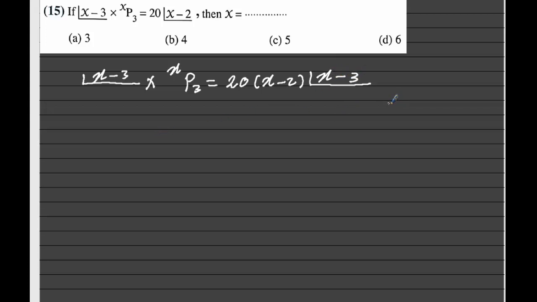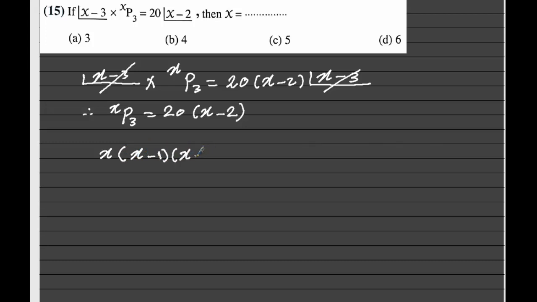Now dividing both sides by factorial x minus 3, we have x P 3 equals 20 multiply x minus 2. But x P 3 equals x multiply x minus 1 multiply x minus 2.